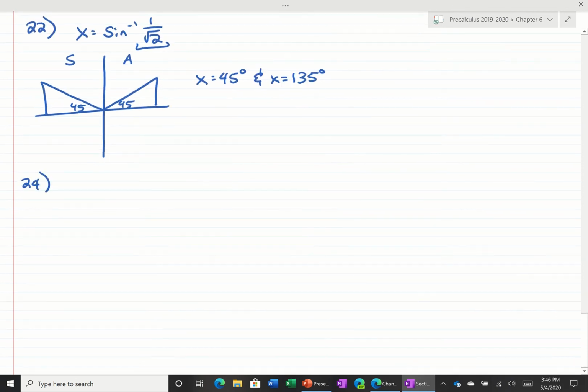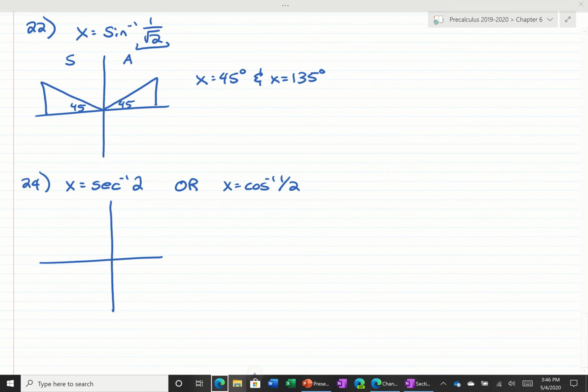For number 24, it's asking you what angle gives you an inverse secant of 2. Another way to think about this is what angle gives you an inverse cosine of 1 over 2. Well, I know that happens from our 30, 60, 90 triangle, and that's going to happen at 60 degrees.